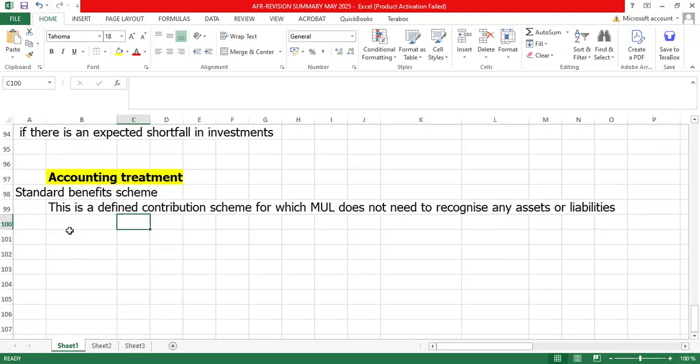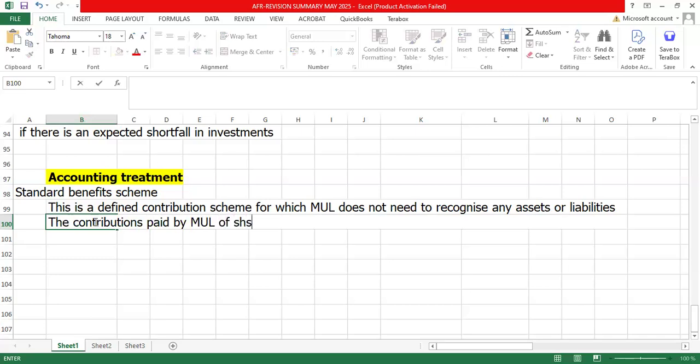If it is a defined contribution scheme, all the contributions you're going to be making will be expenses. The contributions paid by MOVE, that is of how much? Let me see in the question, do we have the amount?